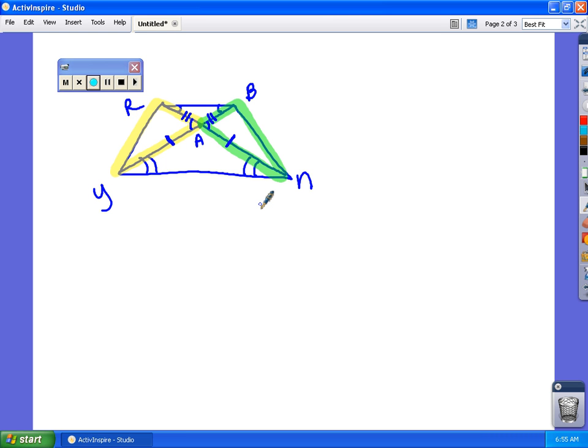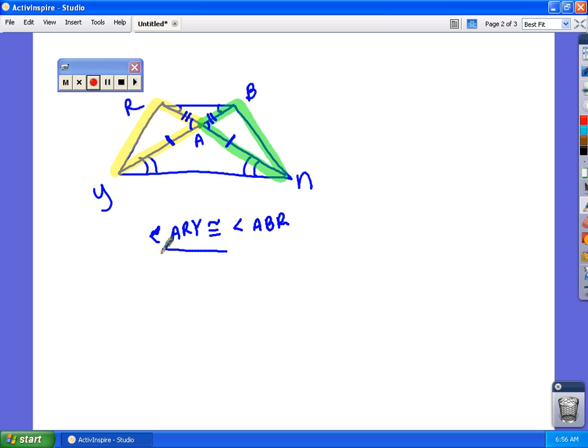You have to state the given. So you would state that this angle, this angle, this angle, and this angle are equal. Now we'll do this one first. So angle ARY is congruent to angle ABR, and that's this right here.